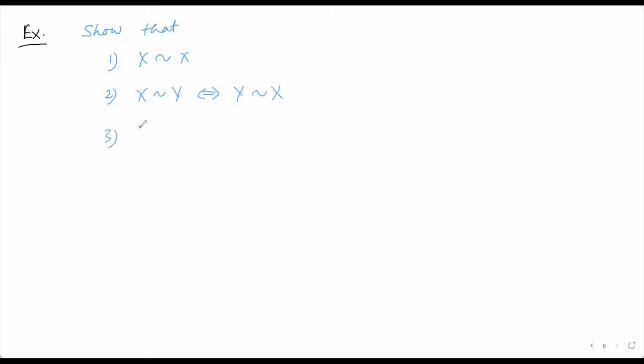And third, x equivalent to y and y equivalent to z implies x equivalent to z. And in particular, conclude that this is an equivalence relation.